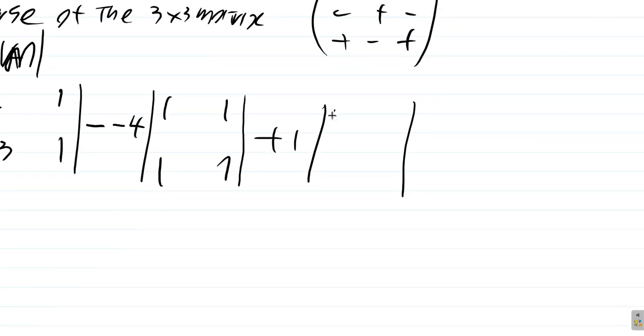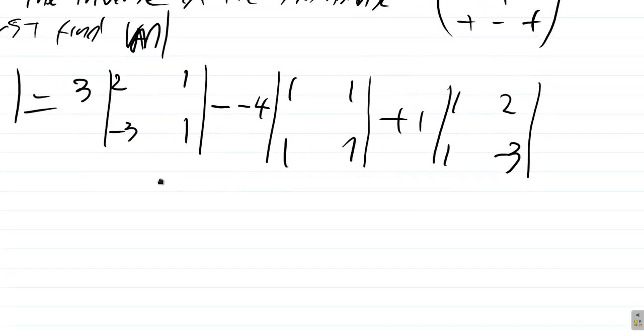So it's 1, 2, 1, negative 3. Alright. Now, what you're going to have is 3 times 2 by 1, which is 2, minus 1 by negative 3, which is negative 3.